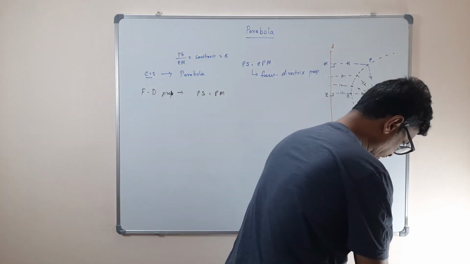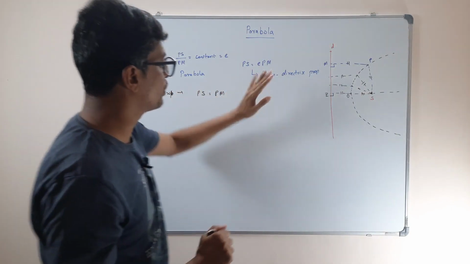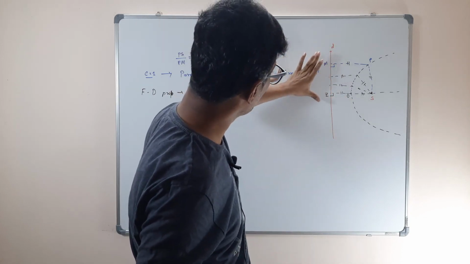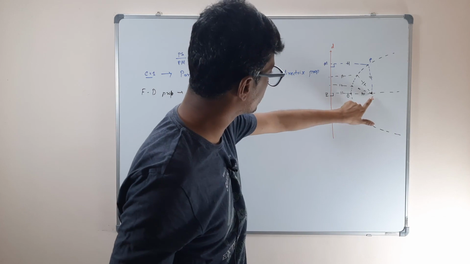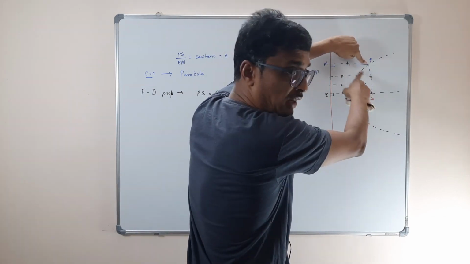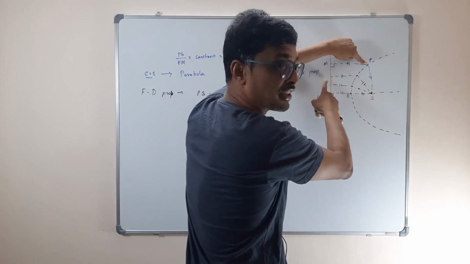That's what they have given here. Now we are going to construct the equation of the parabola. So we got all this idea, right? This is the directrix, this is the focus. For every point, this segment and this segment have to be equal.